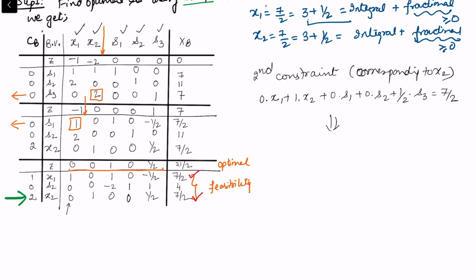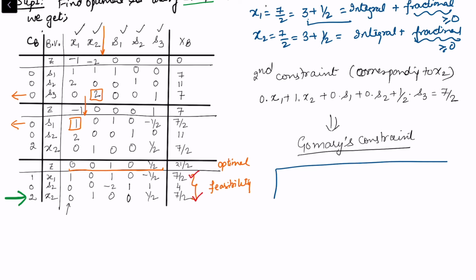From there, I'm going to extract the Gomory constraint. I remember in my previous lecture I explained that the Gomory constraint is only due to the fractional component. Let's recall the formula here. This is the fractional component due to the solution part.